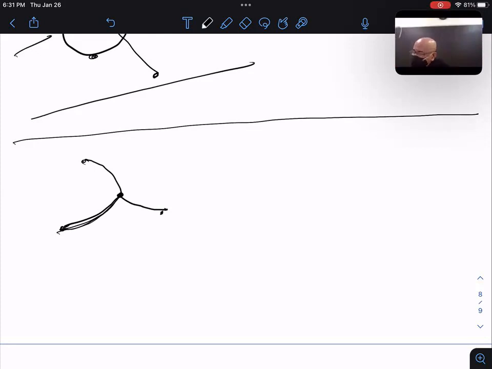And the faces are going to be bounded by the edges, and the edges are bounded by the vertices. It's not the case that any two vertices are joined by an edge. Some vertices are joined by edges, other vertices are not.